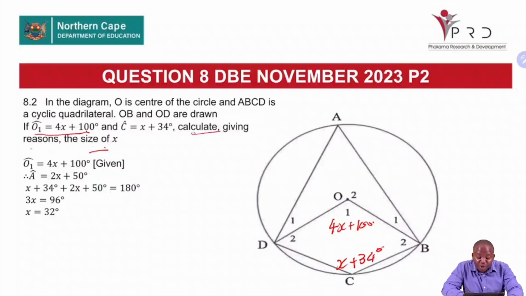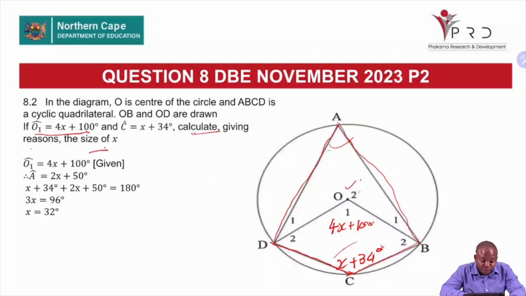So remember now, we are told that ABCD is a cyclic quad. So these two are supplementary. So if we can prove that, we are okay. But we are told that O is the center of the circle.